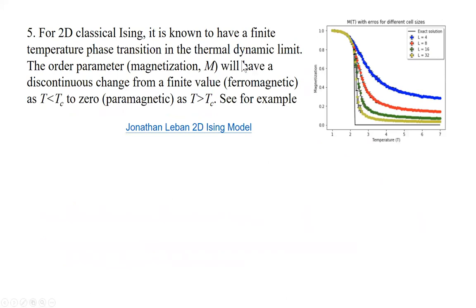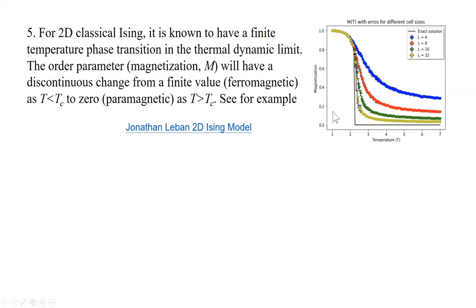The most important consequence is that in the two-dimensional case, it is known that it will have a finite temperature phase transition in the thermodynamic limit. Here, the solid line is the exact solution. When temperature is above some Tc, the magnetization drops from finite to 0. In this high temperature region, we call it the paramagnetic phase.